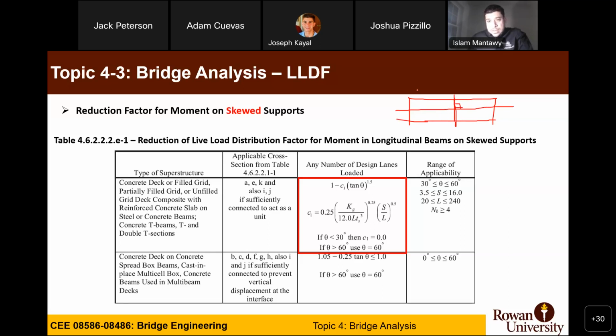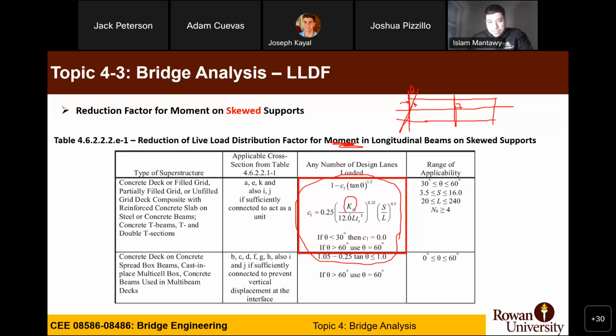In some cases, you can have the pier inclined. So this is the theta value measured from the pier to the axis perpendicular to the longitudinal direction. Here is theta. So you have some correction that you need to do for moment factors based on this table. It's very complicated.